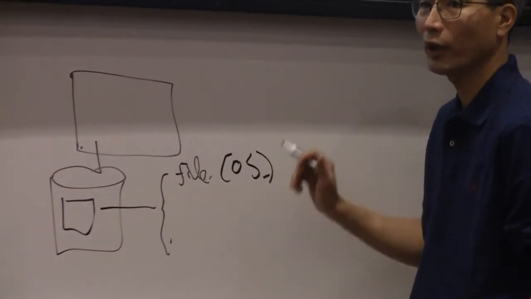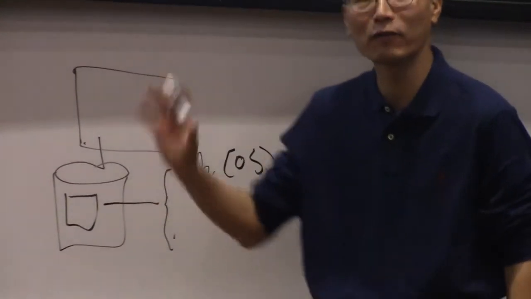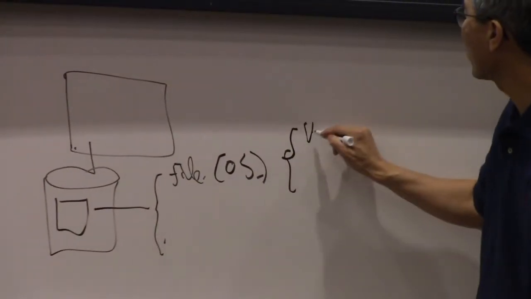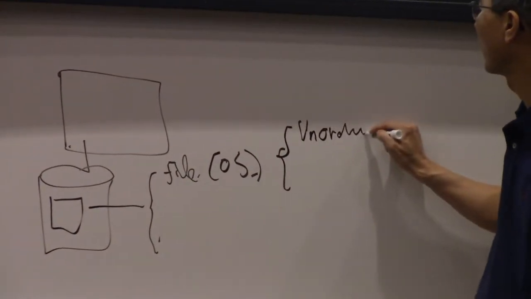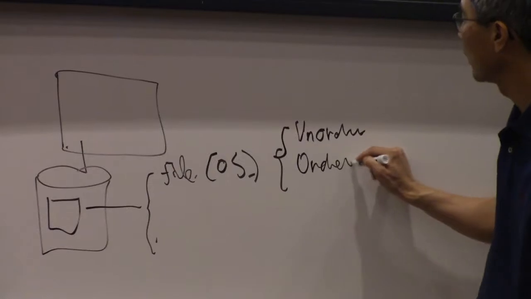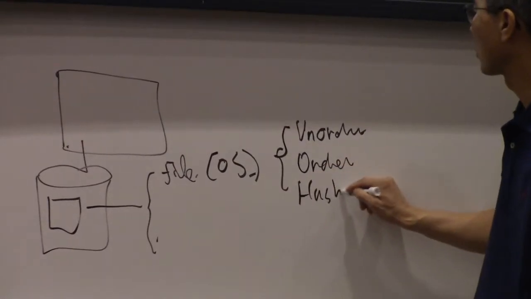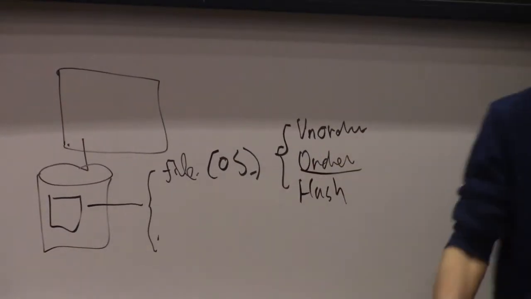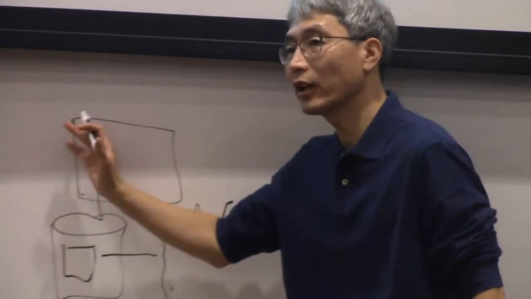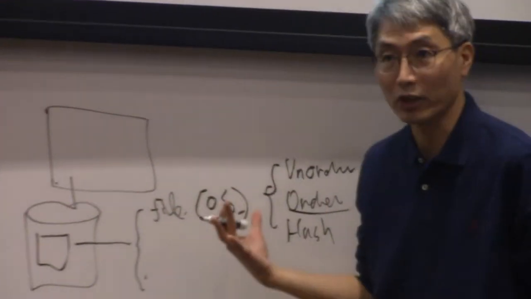You can use files. There are different types of file that we discussed: the unordered file, the ordered file, and the hash file. For the ordered file, you are going to sort the data by the key. In terms of a relational database, it will be the primary key.